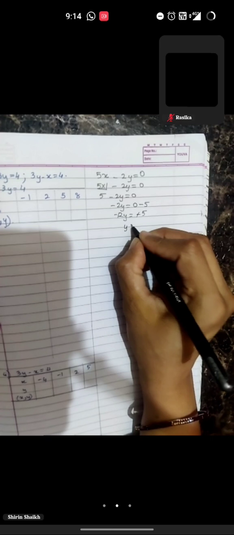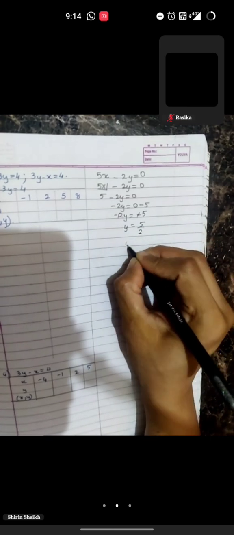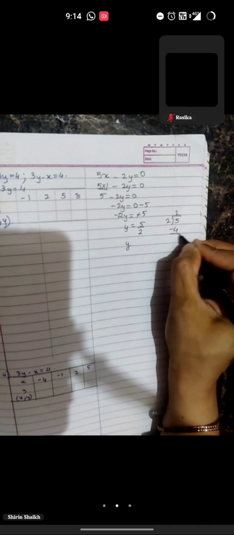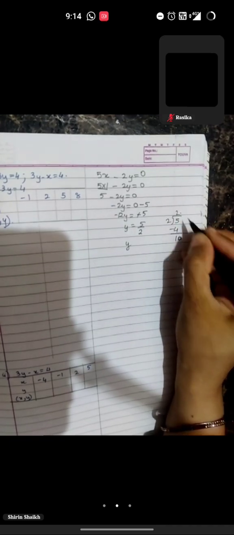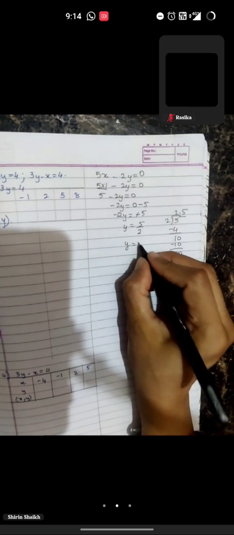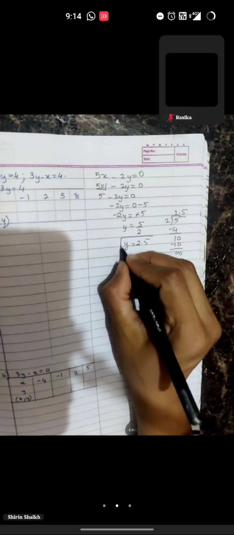The minus signs cancel. 5 by 2. So I have to do 2 twos are 4, 2 fives are 10. So y is 2.5. So when x is 1, y is 2.5.